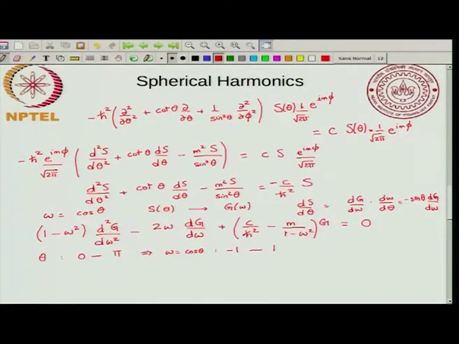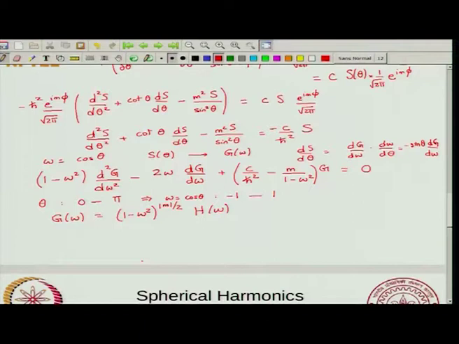So to get rid of that, we will make a substitution. You use g of w is equal to 1 minus w square raised to m by 2 times h of w. So I'm defining this new function h in this form, writing g as this, and it will become obvious why we are doing this.